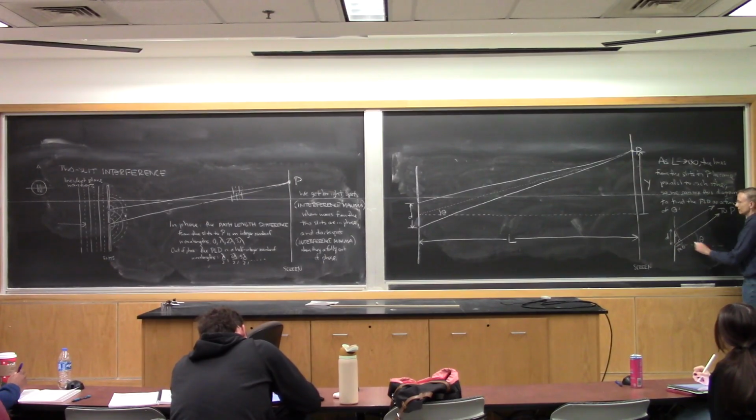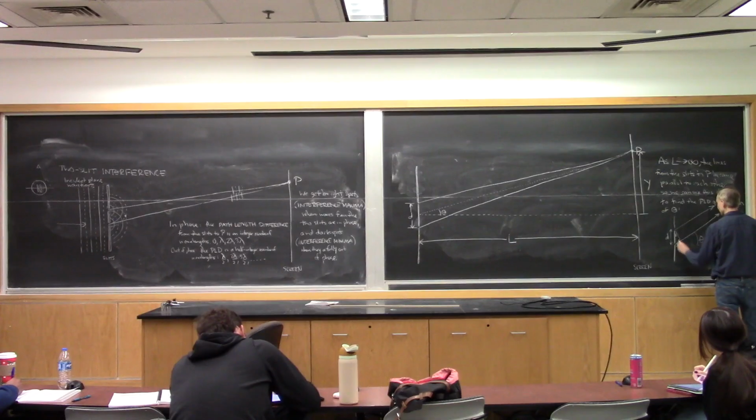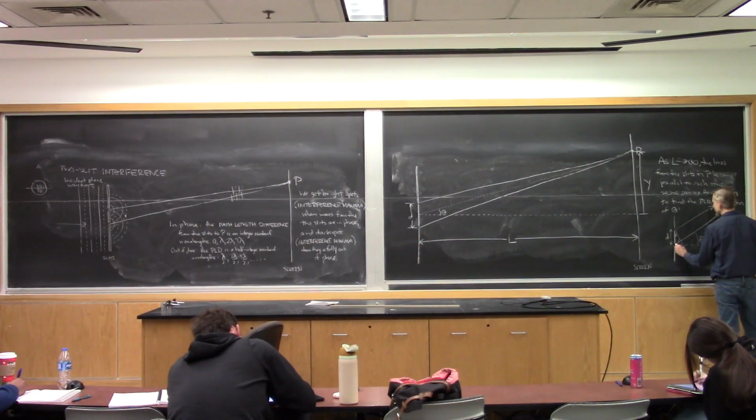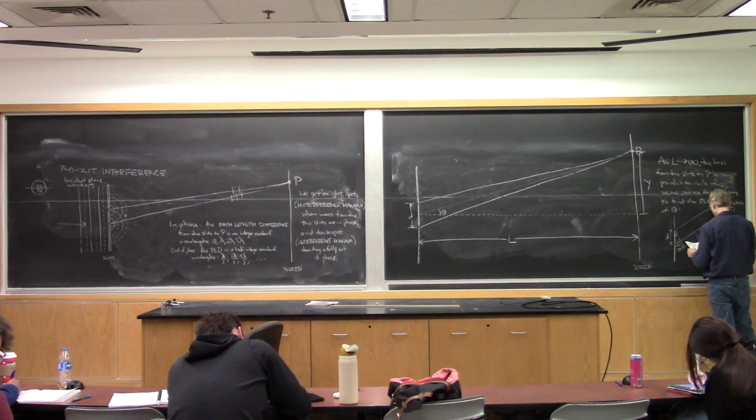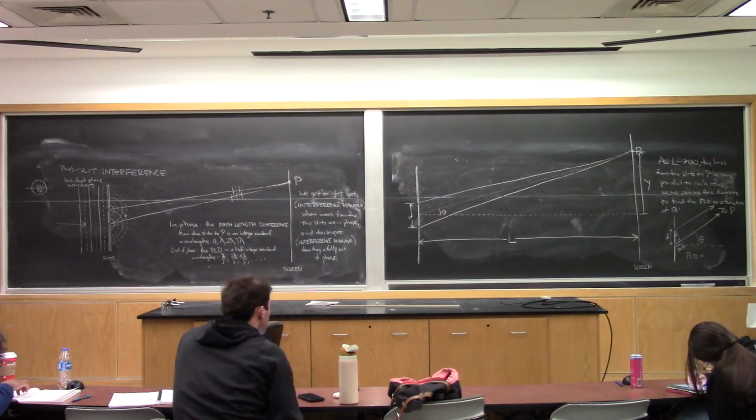And then we've got a little right triangle there, and its hypotenuse is D, and the PLD is the side opposite angle theta in a right triangle whose hypotenuse is D. In other words, the PLD is equal to what?